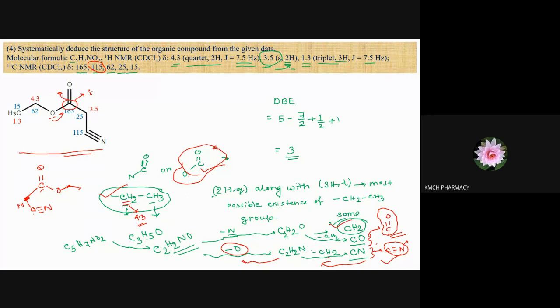Usually, when you have an electronegative atom adjacent to it, it will always have a decrease in value.